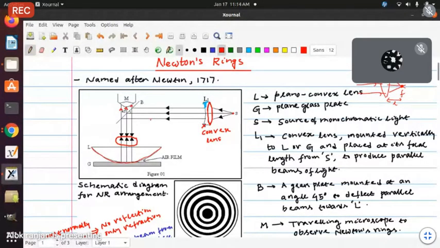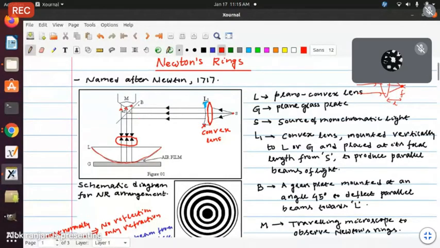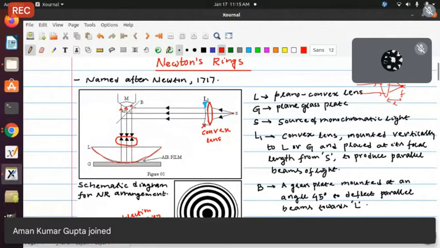Okay, but our experimental arrangement is here. We need to divert them. Therefore we have again a plain glass plate. We should not use a mirror, because if you use a mirror, the other side will be shielded and the light beam cannot pass.